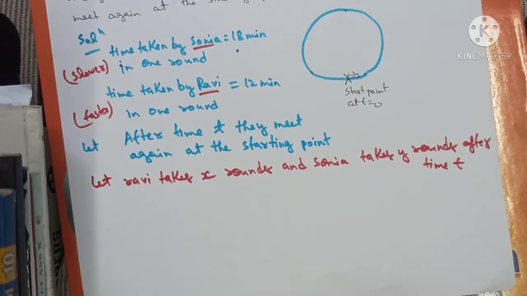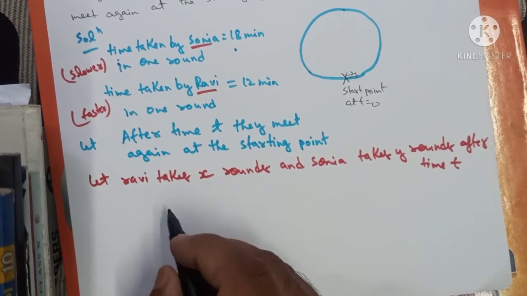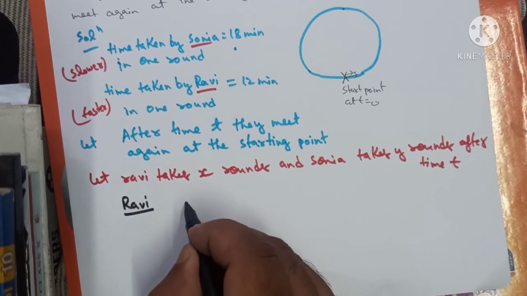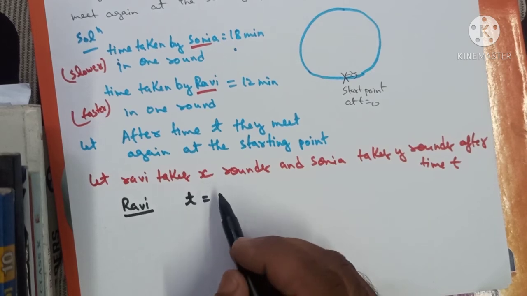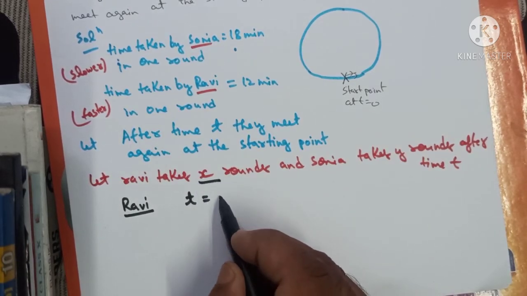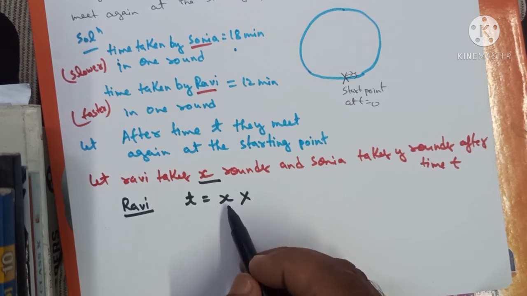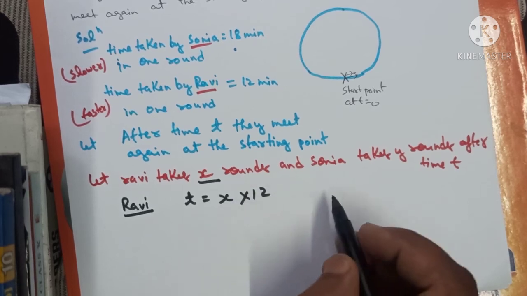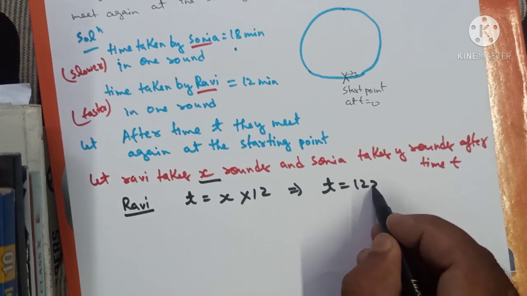In the case of Ravi, the time taken t will be equal to the number of rounds by Ravi, X, multiplied by the time taken in one round, that is 12. So t is equal to 12x.